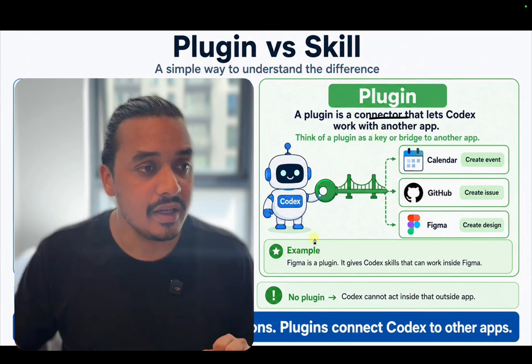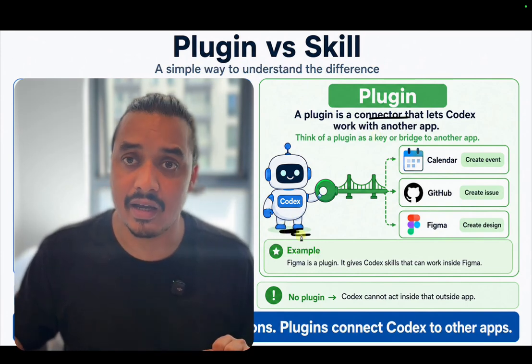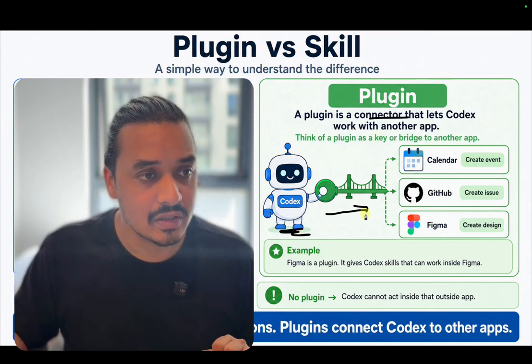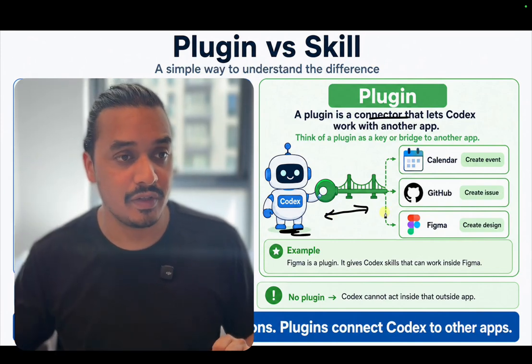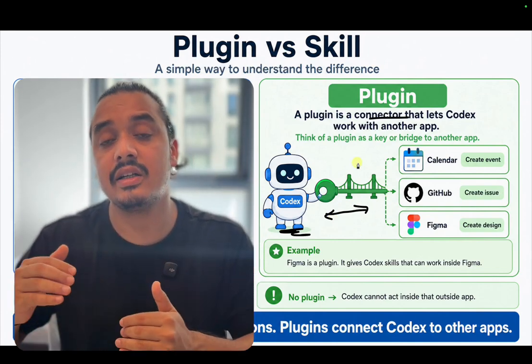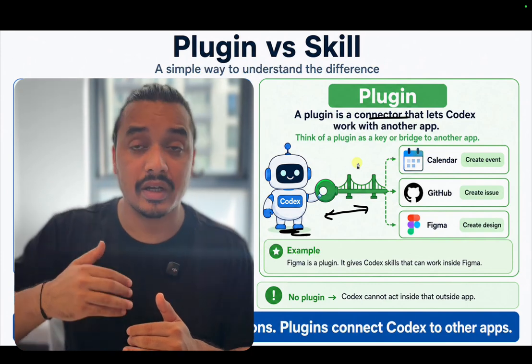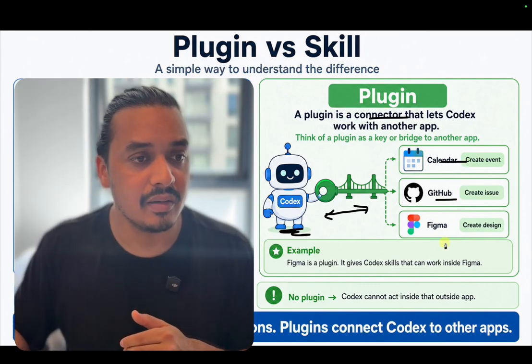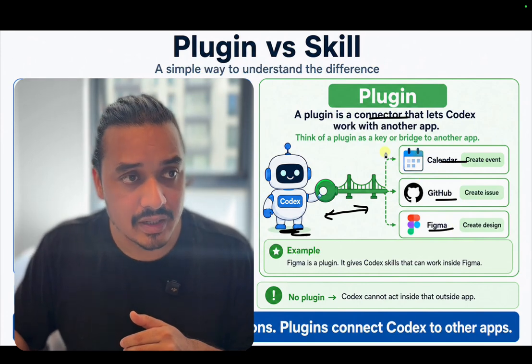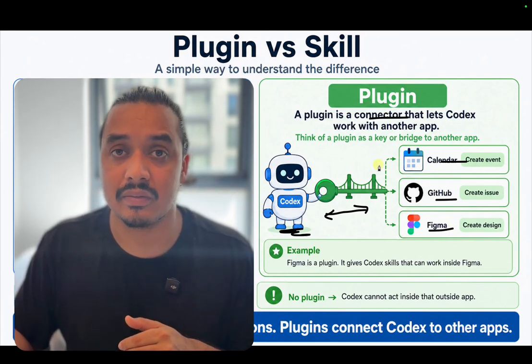If you see here, here is your Codex, and this is the bridge, which is nothing but your plugin, which we saw in the previous videos. It lets us connect to different applications such as Calendar, GitHub or Figma. So this is where the plugin comes into the picture.